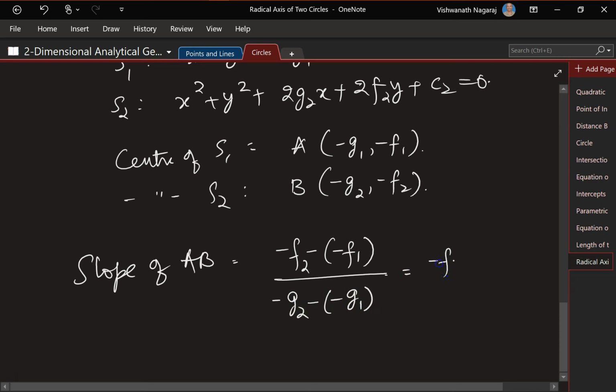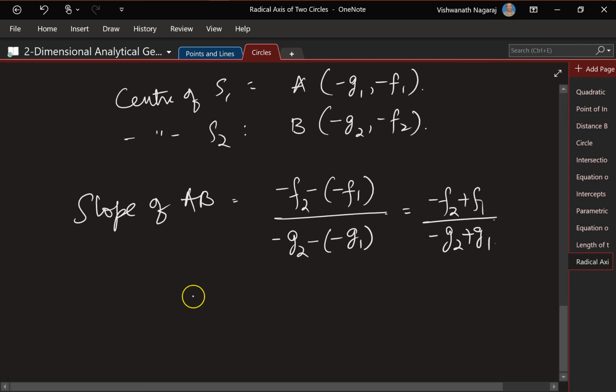So this would be (minus f2 plus f1) by (minus g2 plus g1), or we can write it as (f1 minus f2) by (g1 minus g2).